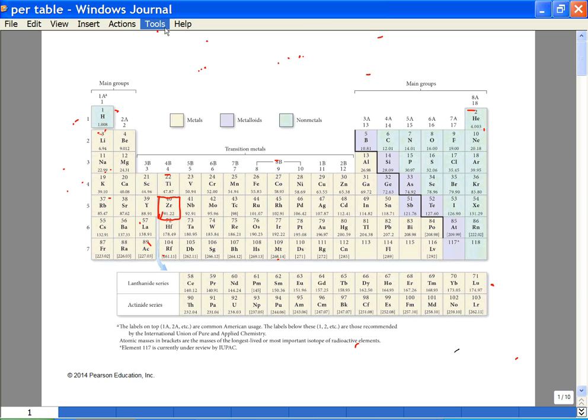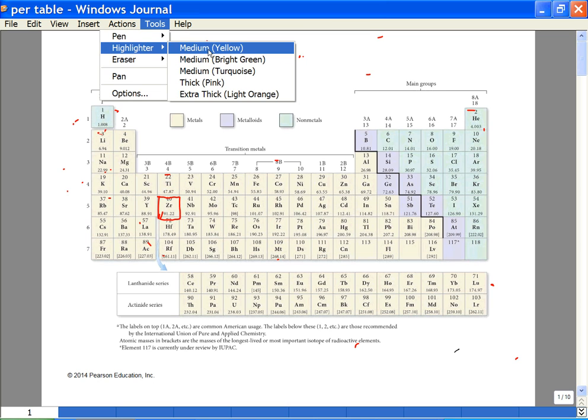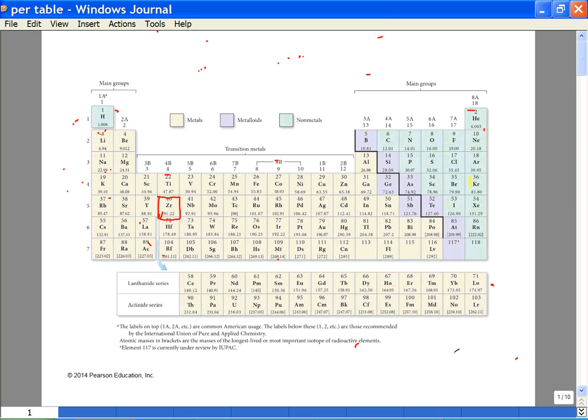And so we need to identify the preceding noble gas, and that's here, and that's krypton. Then we need to identify which shell the remaining electrons are in.